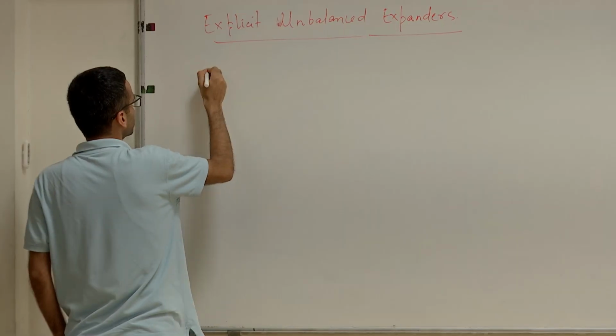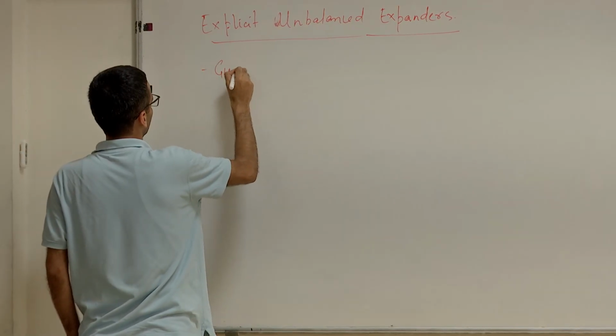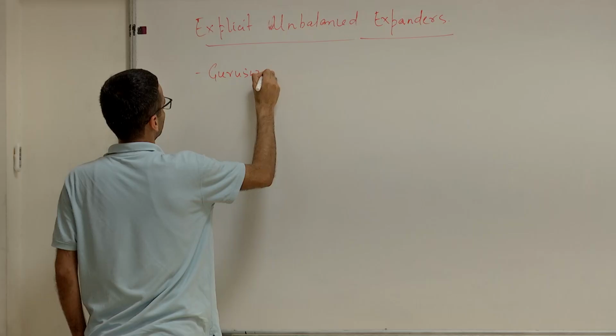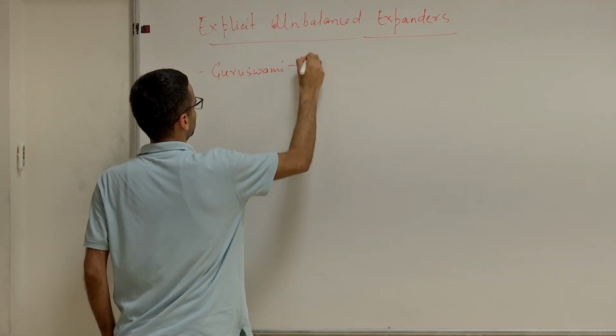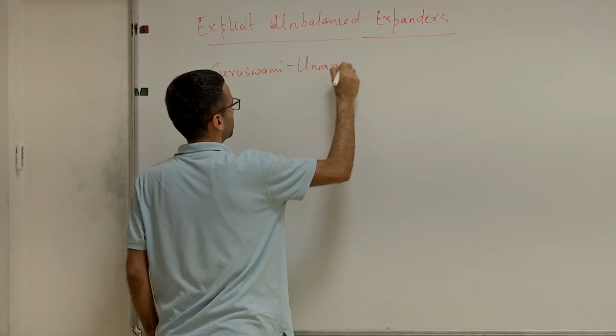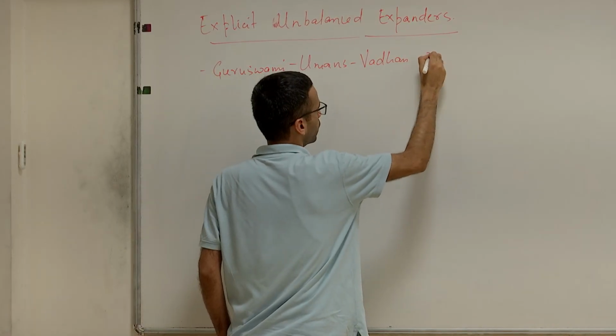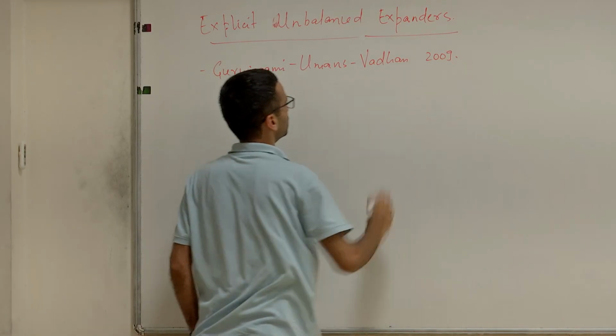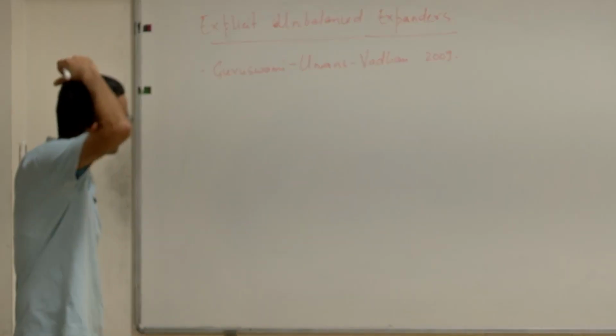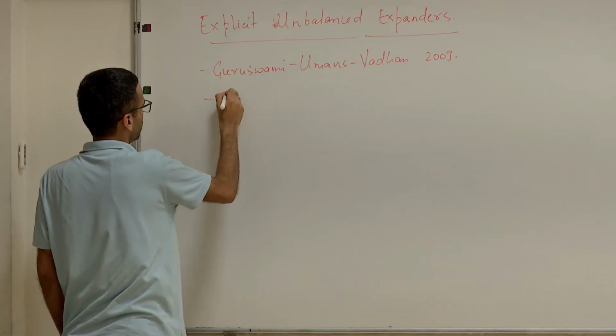So the original paper is by Guruswami, Umans and Vadhan. This would be around 2009. But the proof we are going to do is from a more recent paper of Kalev and Ta-Shma.